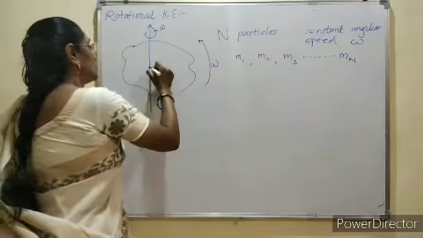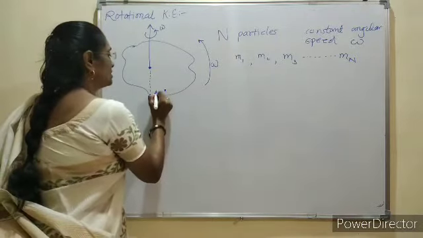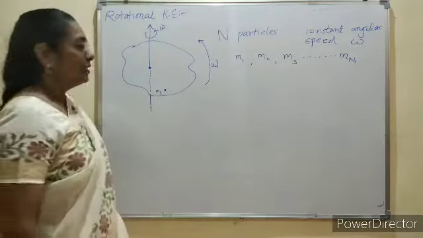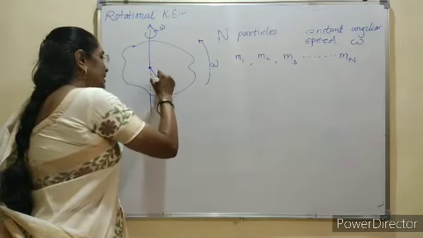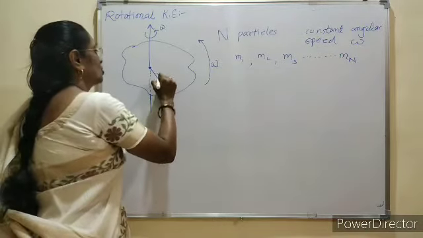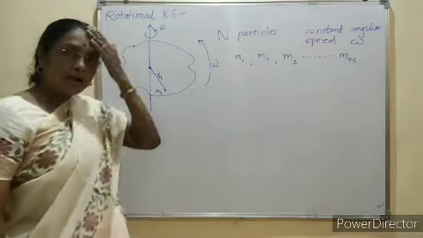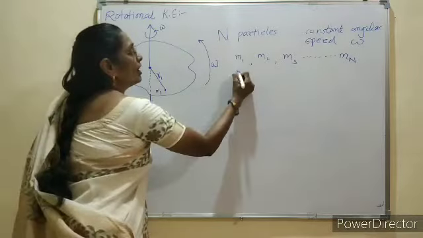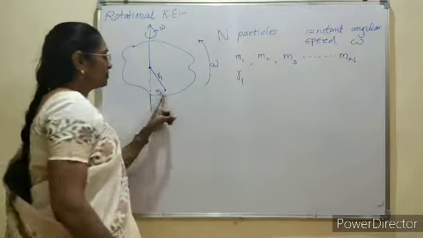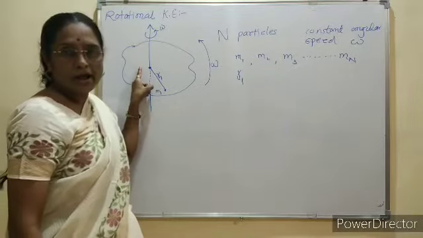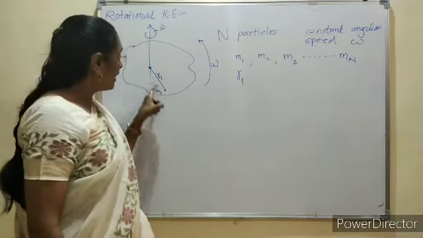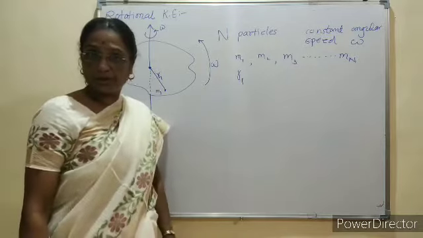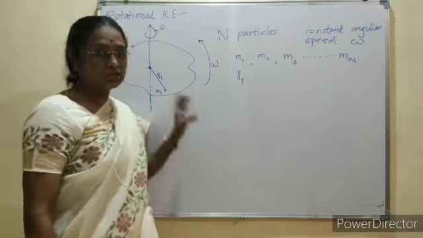For the first particle, suppose its mass is m1, it is situated at shortest distance r1. So r1 is the distance of the first particle from the axis of rotation and this distance is the perpendicular distance. It is the shortest distance.